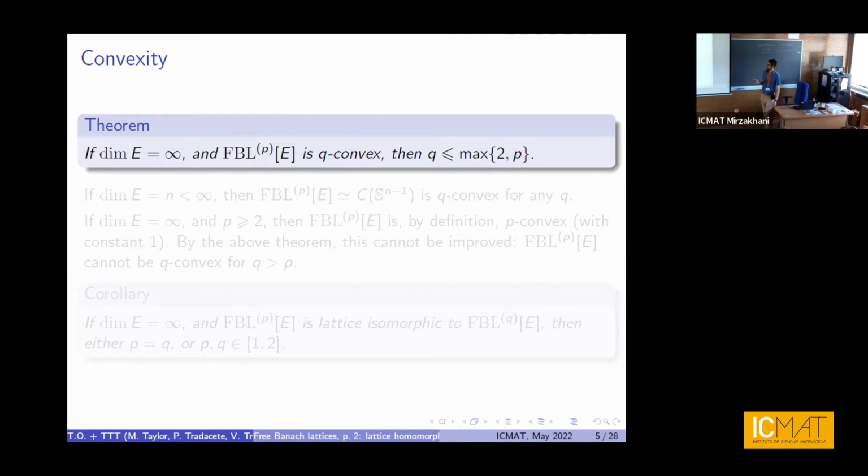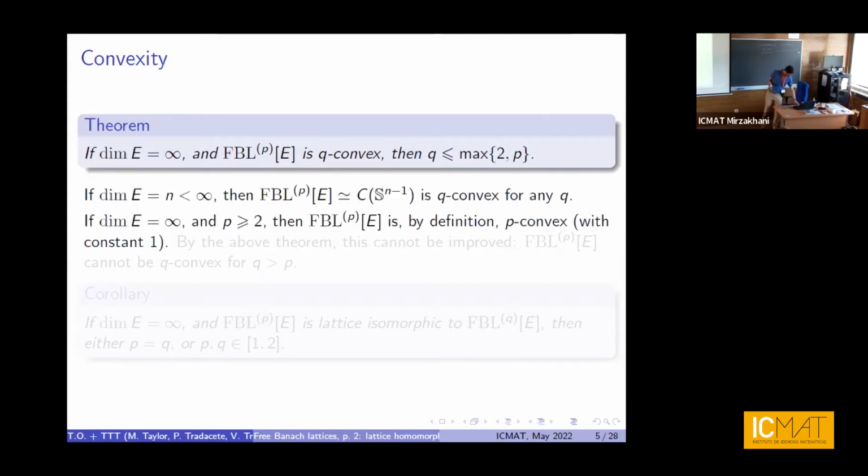It turns out that if we have an infinite dimensional space and the P free Banach lattice is Q convex, then Q cannot be more than the maximum of 2 and P. So if P is less than 2, then in theory we can have that this free Banach lattice is Q convex. But let me explain this in a little bit.